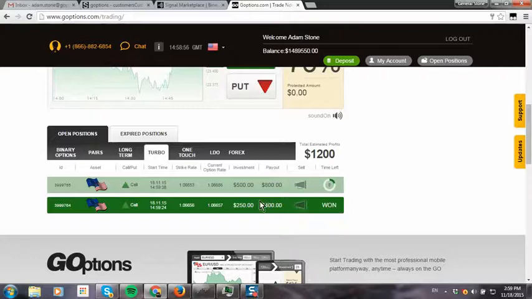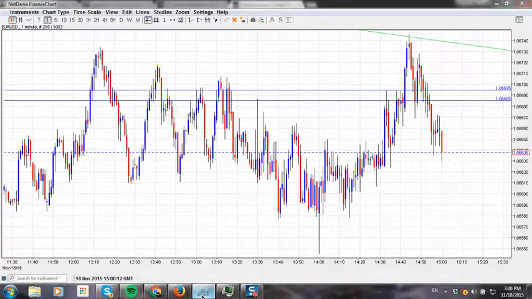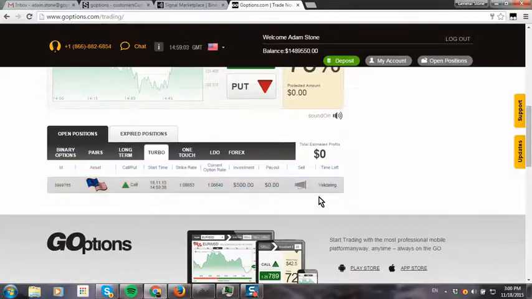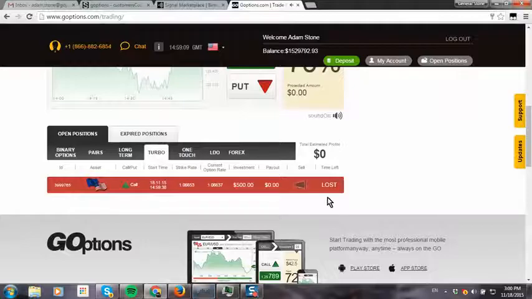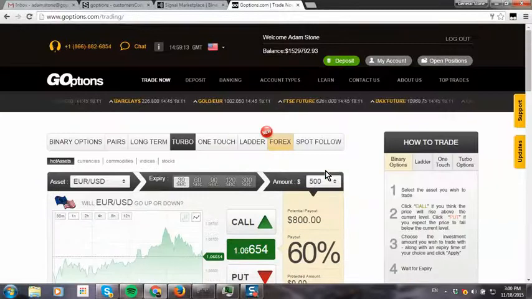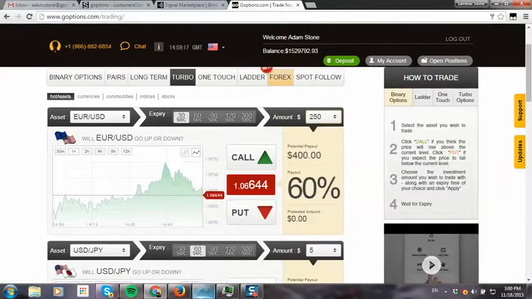So I'm 300 positive right now. And then my $500 trade for turbo, it's probably going to finish out the money just because of that push down there. So that's minus 200 for some turbo trading right there. But can you see how you can take advantage regardless? Yeah, so I'm down 200 currently from my turbo positions.